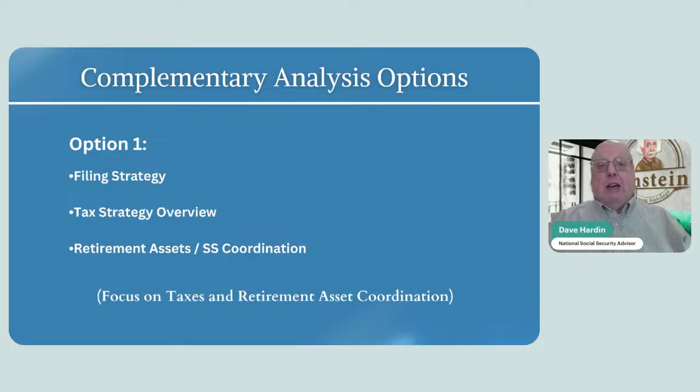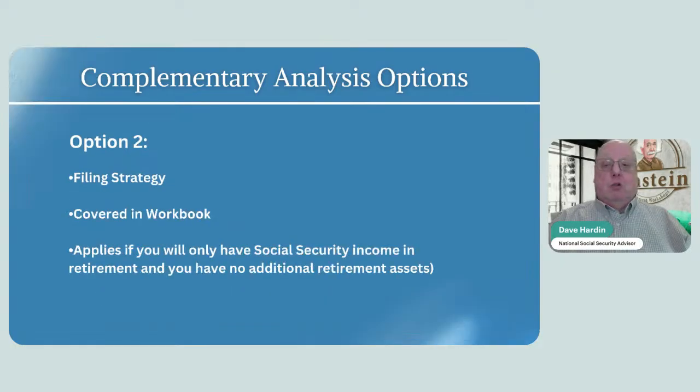But if you don't have that, you still need a timing strategy. That's why I've written the workbook. The workbook will get you through when to file. It's covered completely in there, and that's option two. So when you go to, I'm going to give you a link in a second in the chat. We're going to put a QR code up in a second so that you can do this, and you'll be able to just fill it out.